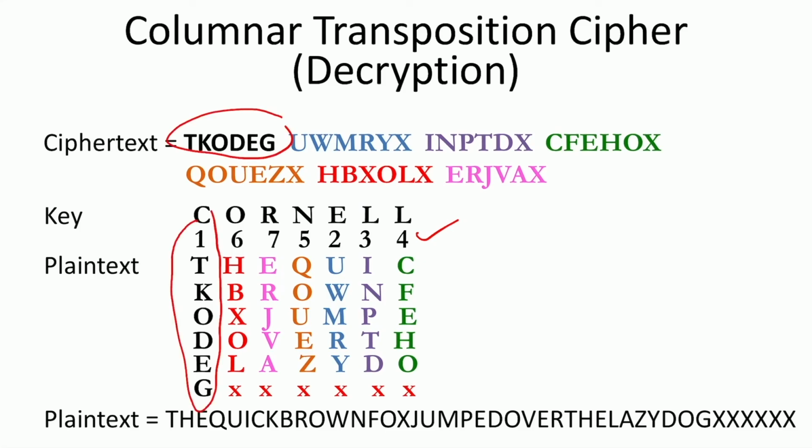Then we write the second chunk, which is UWMRYX, in the location of the key letter which is assigned order 2. So you can see that E is assigned order 2 because alphabetically it comes after C. So we are going to write the second chunk below it, and so on. Finally, we will read off the letters row by row to get back our plain text.